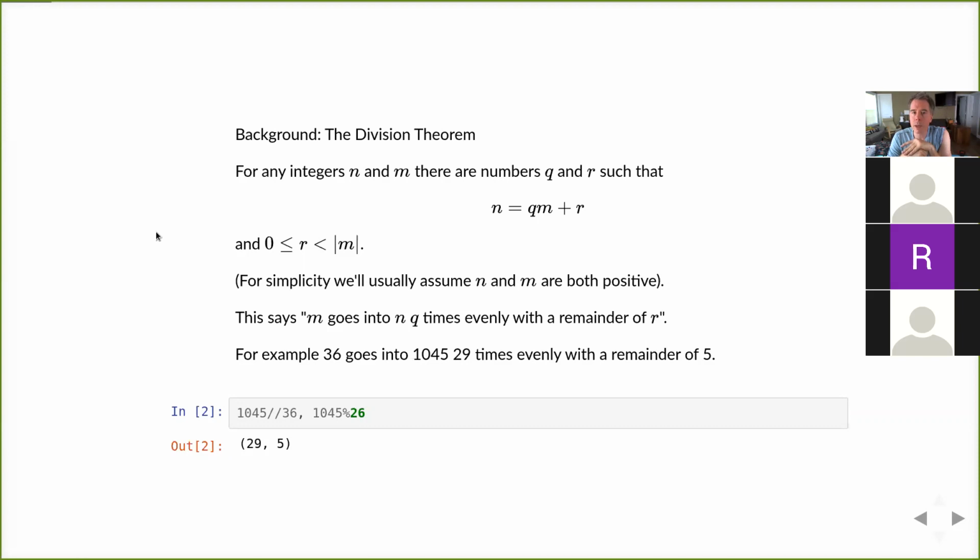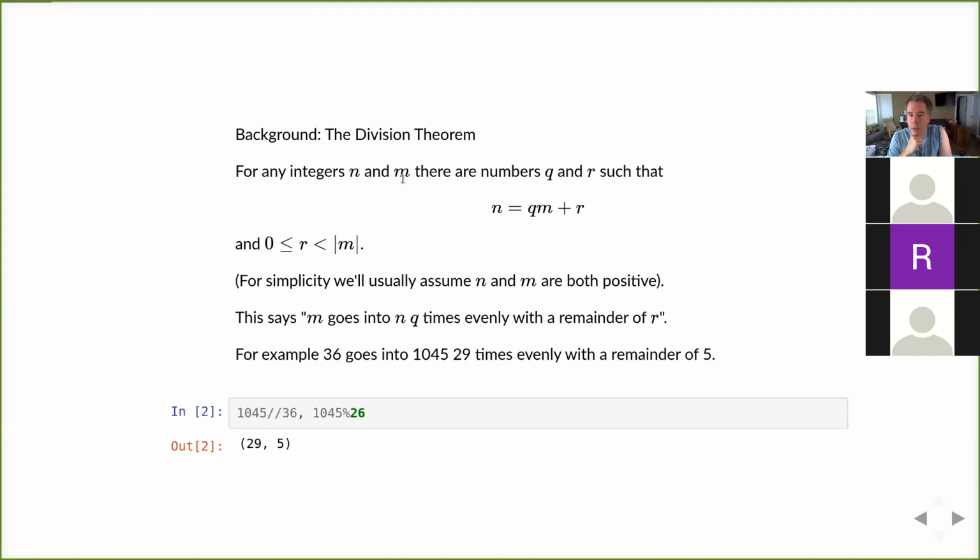There's some number of times that m goes into n evenly. The number of times that m goes into n evenly is q. And then there's going to be some remainder, which is possibly 0. If m goes perfectly evenly into n, then the remainder is 0. So the remainder is something between 0 and m.